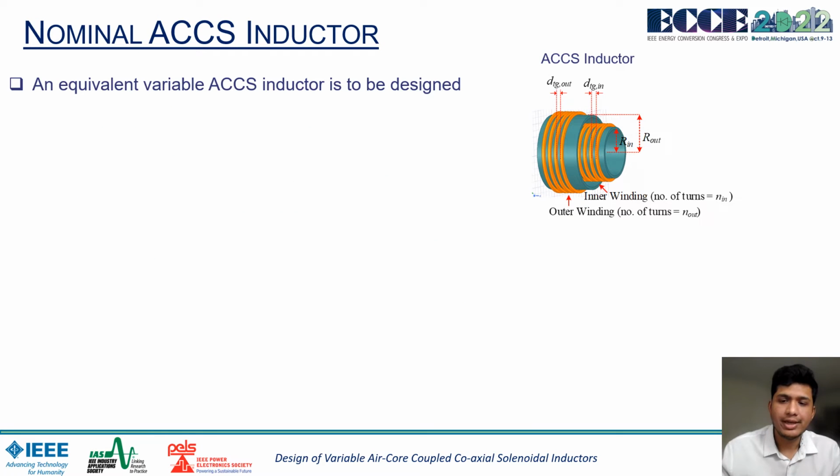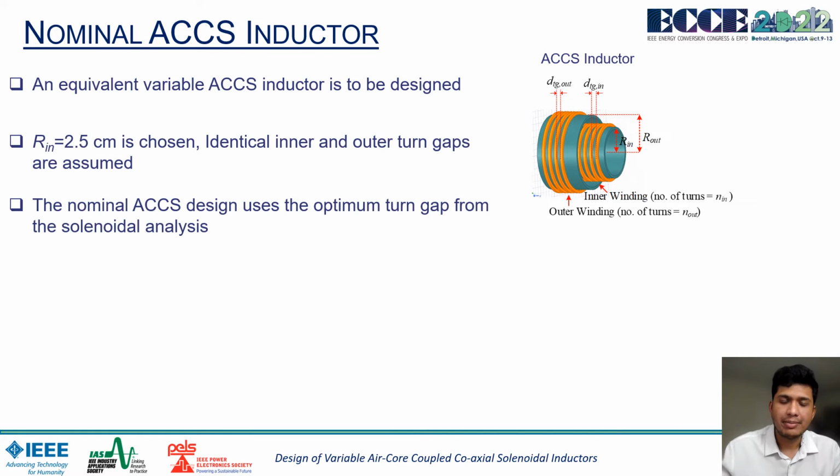For the nominal ECCS inductor to be designed, it is assumed that the outer dimensions of the ECCS are the same as the equivalent solenoidal inductor, which is 3 cm. In this scenario, the inner radius of the ECCS is selected to be 2.5 cm, and the inner and outer turn gaps are assumed to be the same.